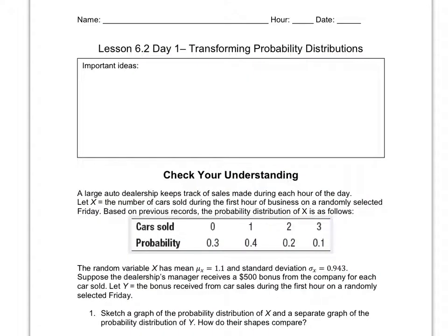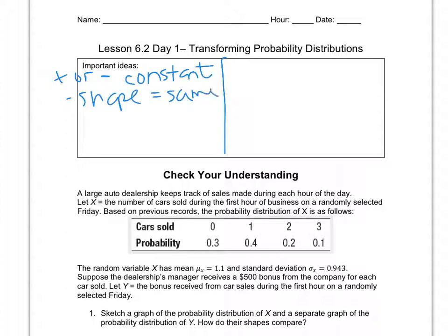So let's summarize and look at some of our big ideas here. I'm going to split this in half. If we add or subtract by a constant, what are the things that happen, right? Well, the shape stays the same. That won't change. The center will change, though.